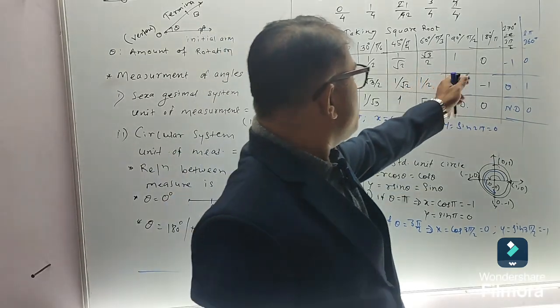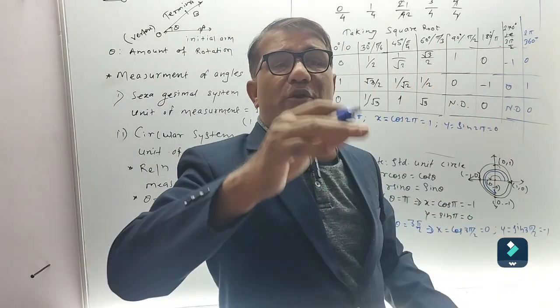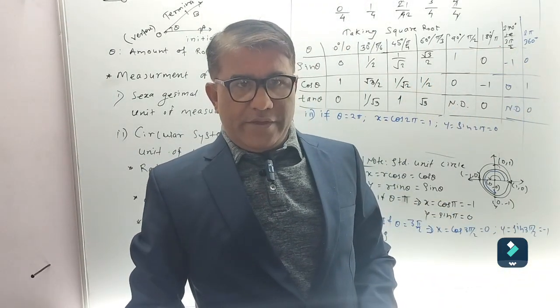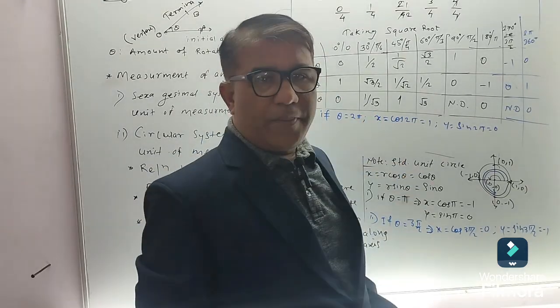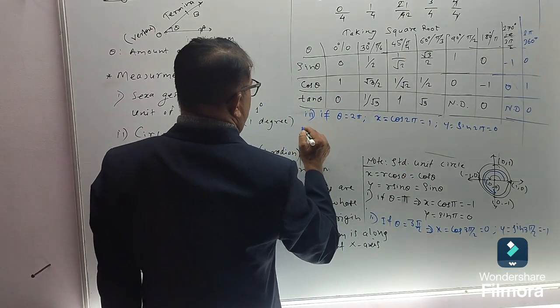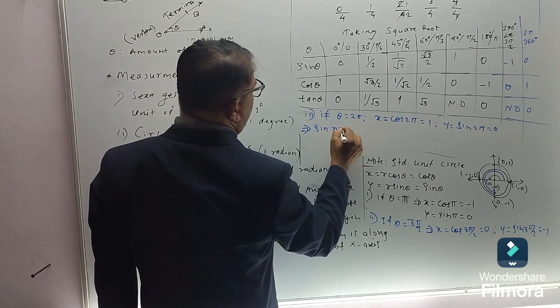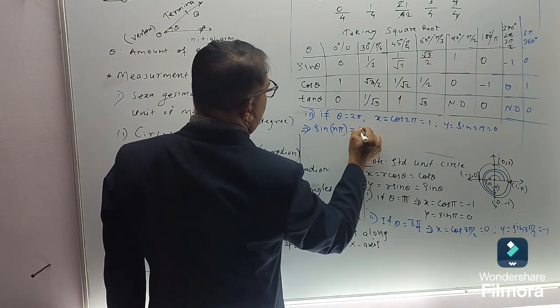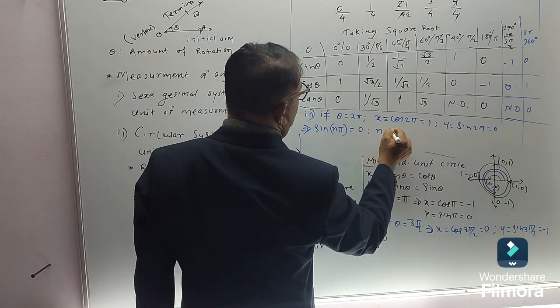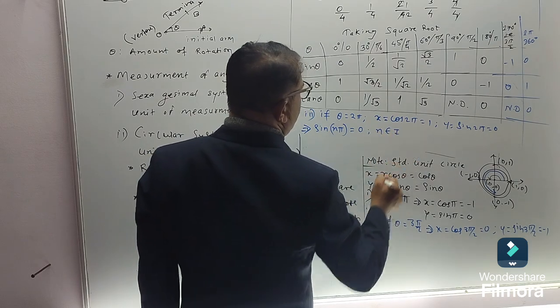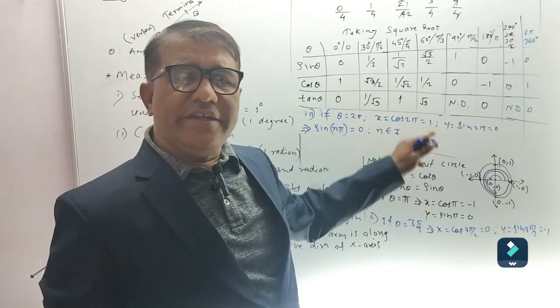By observing these two, pi and 2 pi, let us generalize it. It implies sin of n pi is equal to 0, where n is any integer.